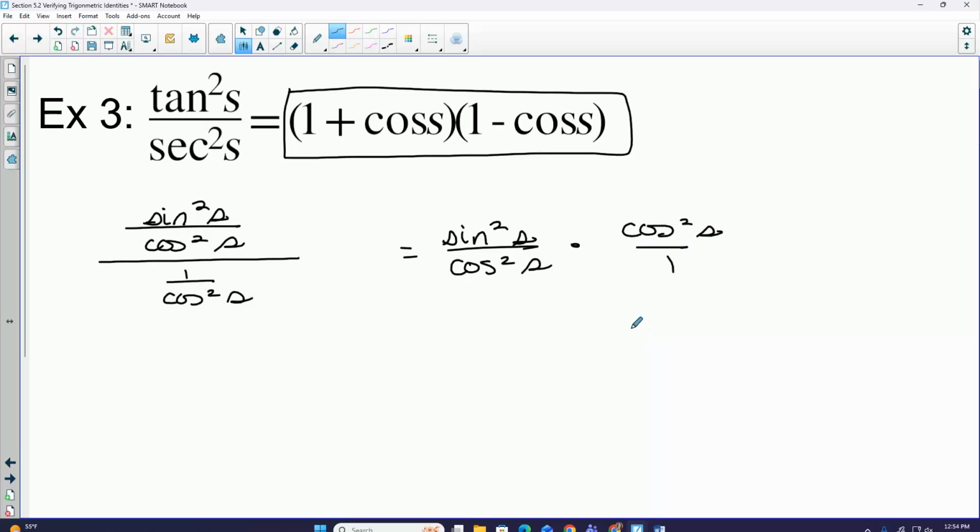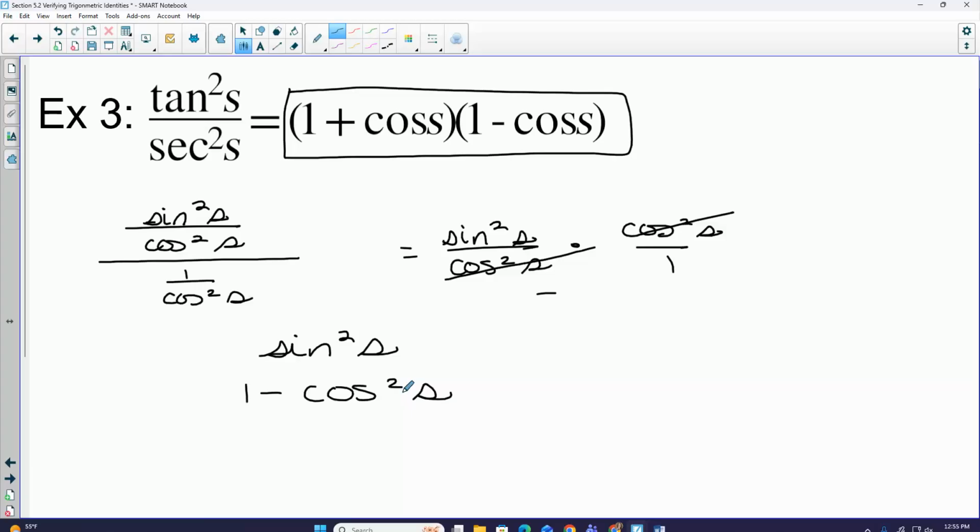If we do that, what happens? And so I'm down to sine squared s over 1, so just sine squared s. Look at my goal. I don't want sine. I want cosine. What can I change sine squared to? Sine squared is equivalent to 1 minus cosine squared.